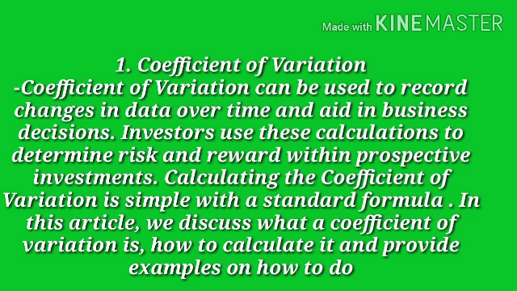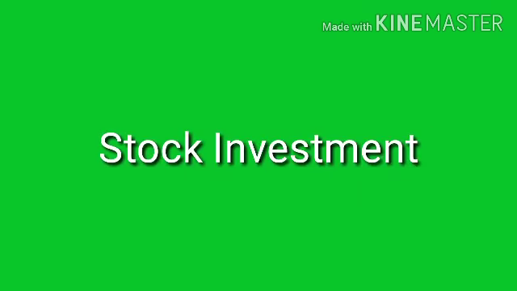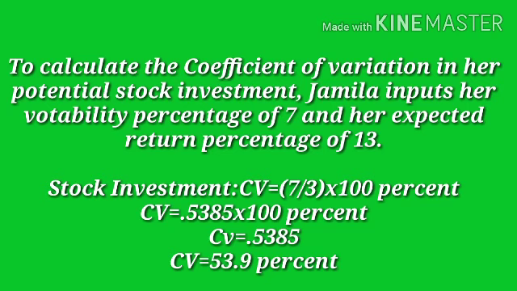We discuss what a coefficient of variation is, how to calculate it, and provide examples. For example, in stock investments, to calculate the coefficient of variation for her potential stock investment, Jamila inputs her volatility percentage of 7 and her expected return percentage of 13. Stock investment coefficient of variation equals 7 divided by 13 times 100%. Divide the volatility and return first.